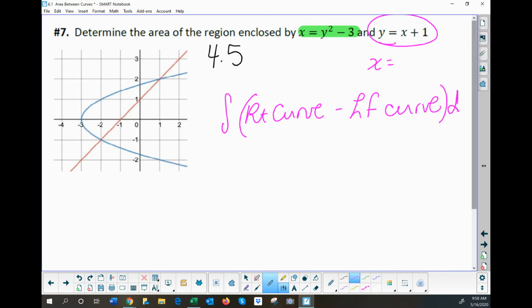And work in terms of dy. So you'll need a y equals and a y equals bound. You need to find this and this. Looks like they might be pretty obvious, but just make sure they work. Plug those y values back into your function. Make sure that they come out to where you think they are, and you should be good.